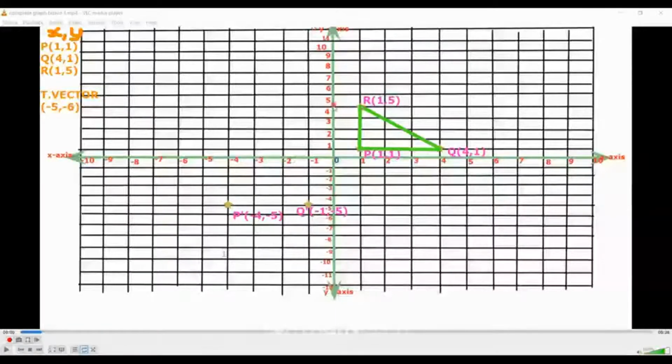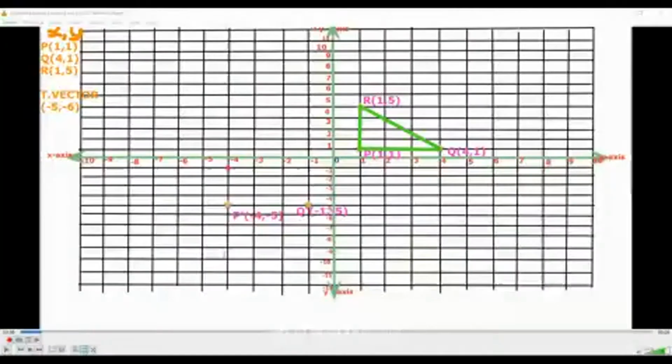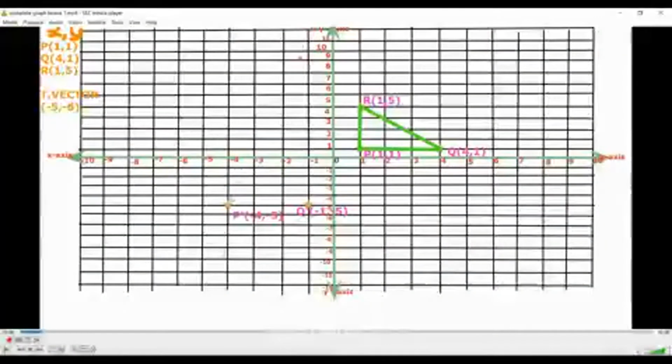So here, 1, 2, 3, 4, 5. That is 5. And then 6: 4, 5, 6. 6 down.